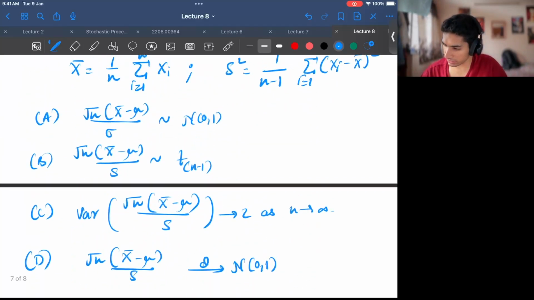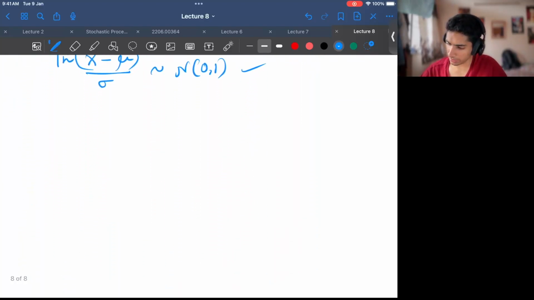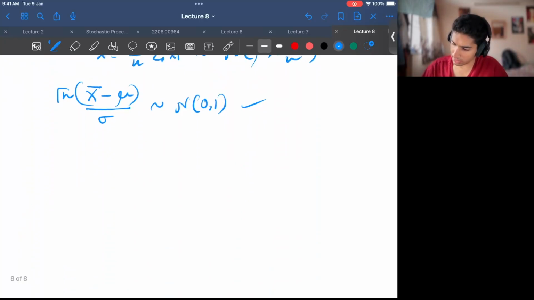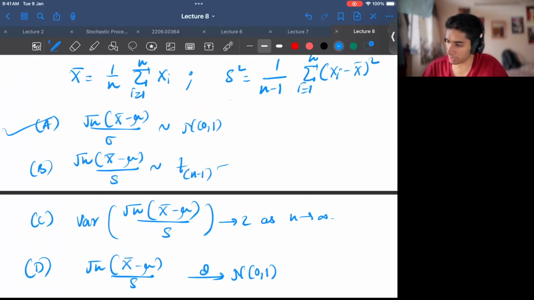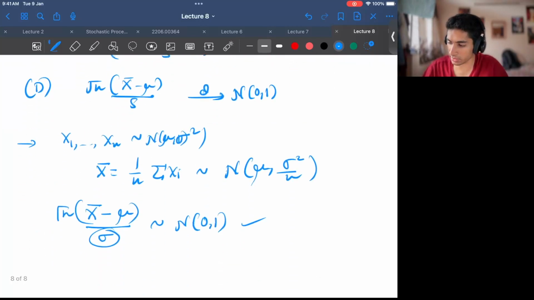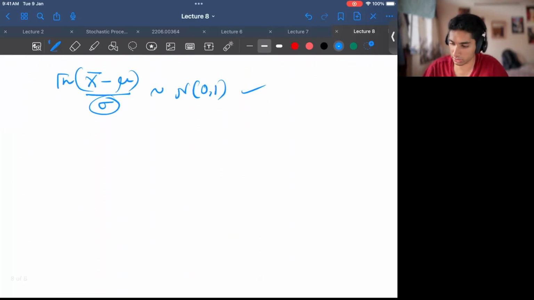The second thing is, I remember this from a property that if instead of taking sigma, so S square is an estimate of sigma square, and S is an estimate of sigma, and instead of sigma, if you use S, it will be distributed according to student T distribution.